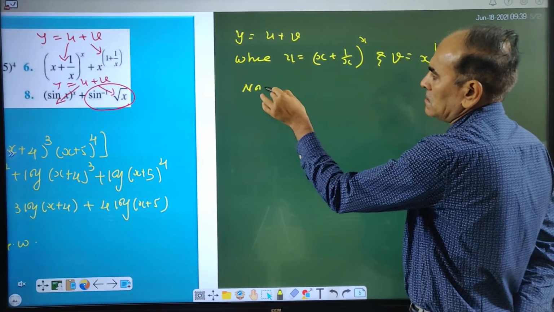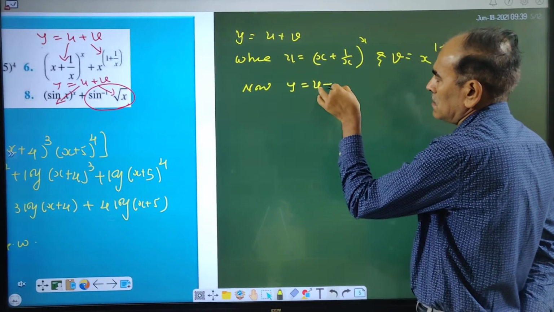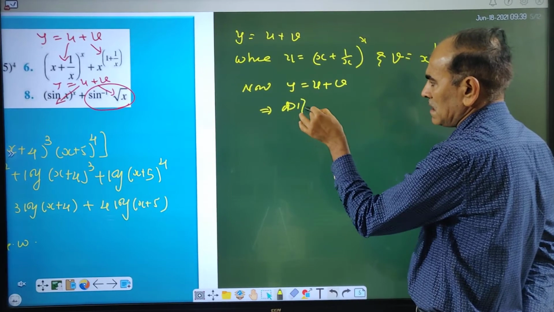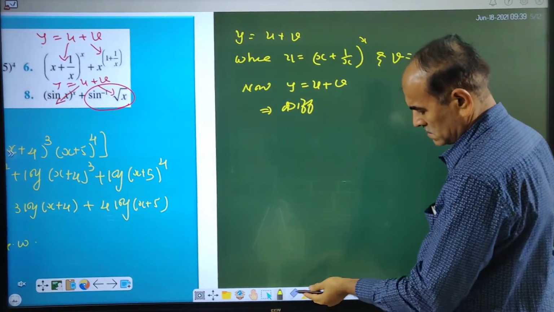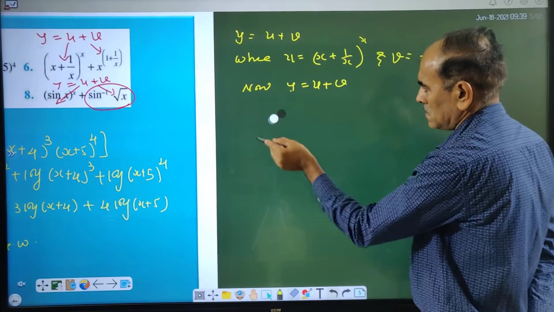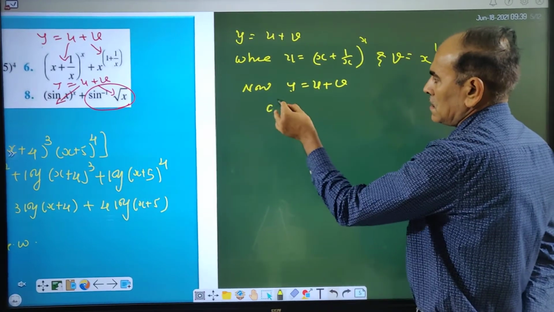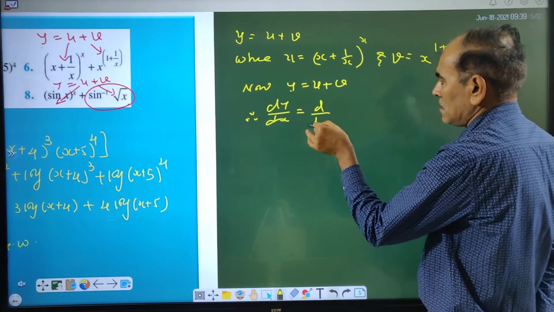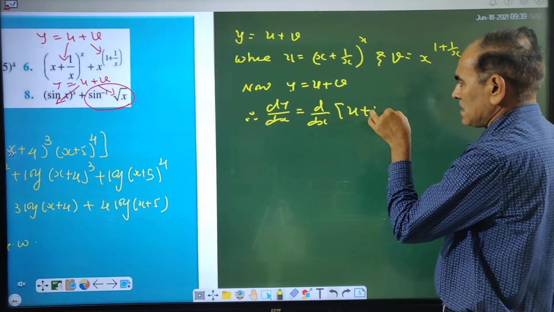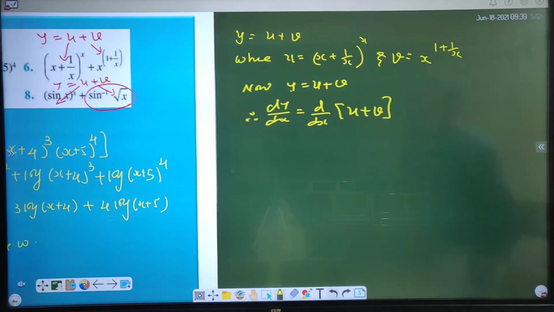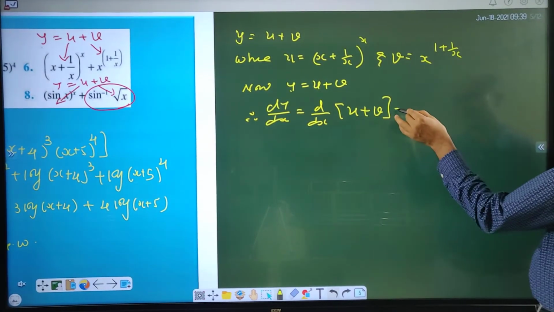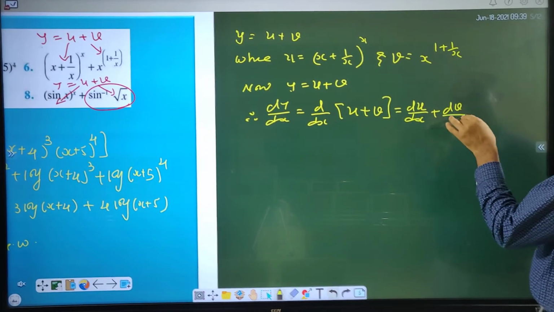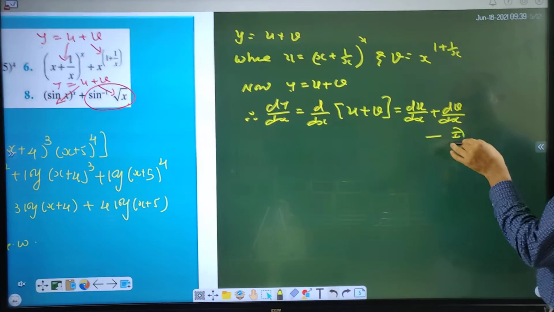Now y is equal to u plus v. If we differentiate it with respect to x, dy by dx, therefore, is equal to d by dx of u plus v. That is equal to, by addition rule for differentiation, what we get? du by dx plus dv by dx. This is number 1.